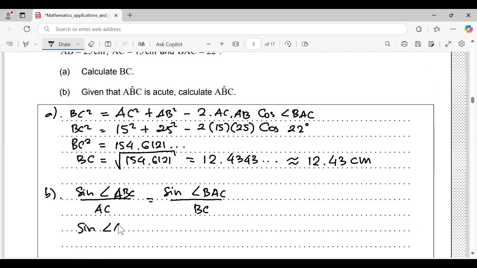Or sine angle ABC equals sine angle BAC over BC times AC.